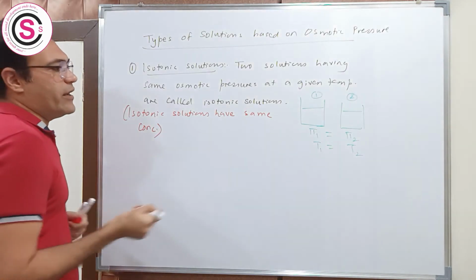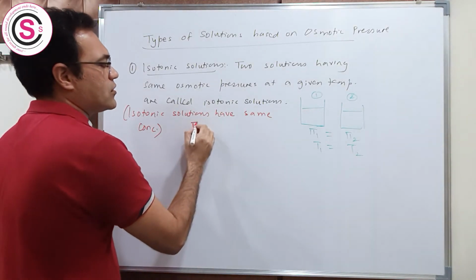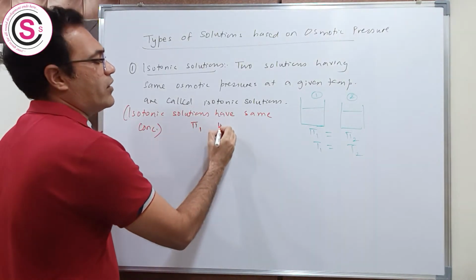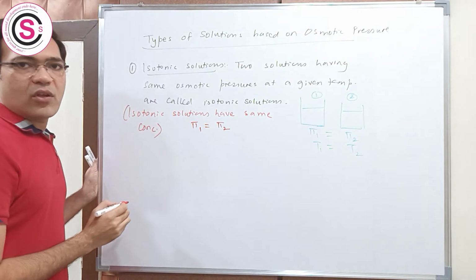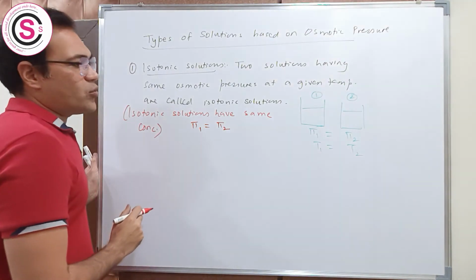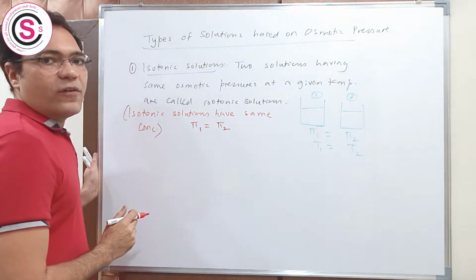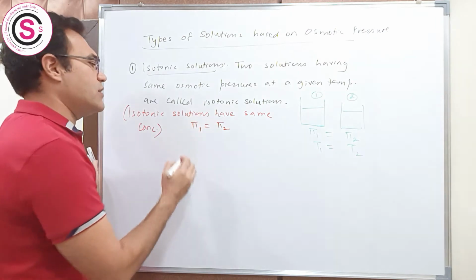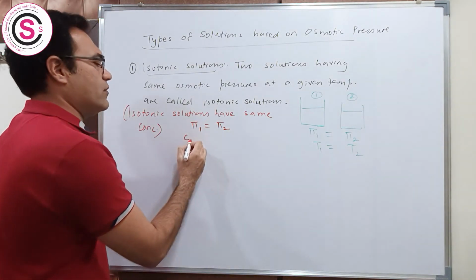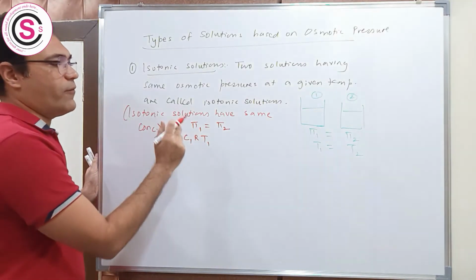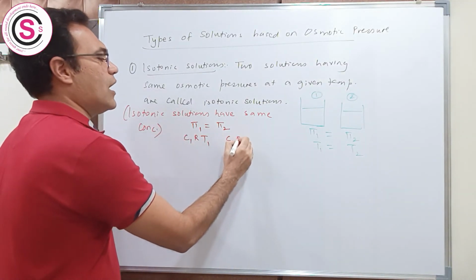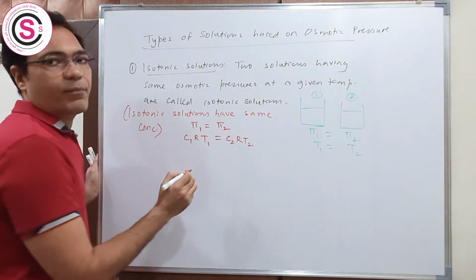How? So I'll explain it like this. Suppose two solutions, the osmotic pressure of first solution is pi 1 and the osmotic pressure of second solution is pi 2. They are equal osmotic pressures. Now students, just apply the formula of osmotic pressure we have studied just now. So concentration C1 into RT1, correct? This will be the formula for pi 1, and C2 RT2 will be the formula for pi 2.